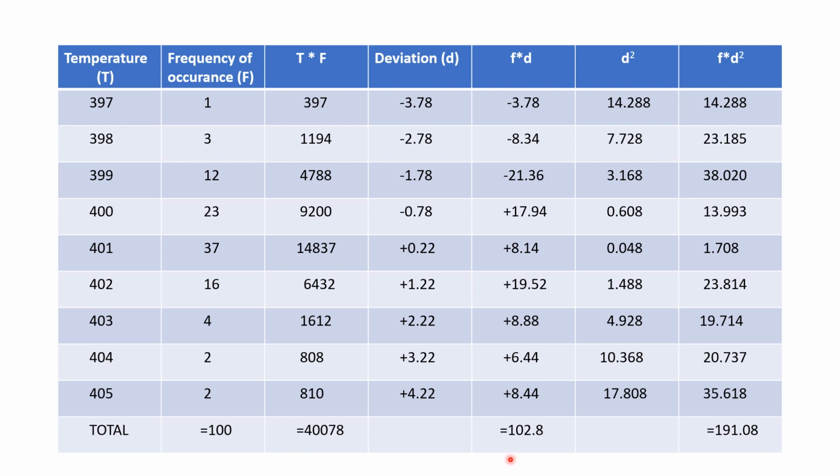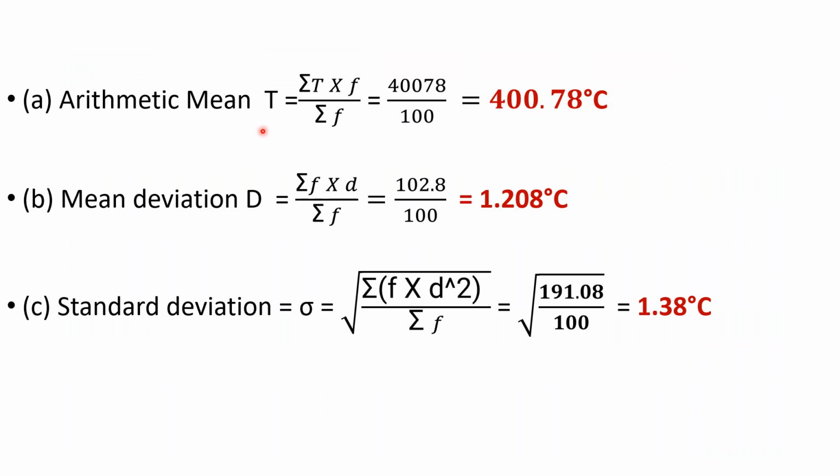First, the arithmetic mean. The formula is the sum of temperature into frequency of occurrence divided by the number of readings. From the table, 40,078 divided by 100 is equal to 400.78 degrees Celsius. That is the arithmetic mean value.